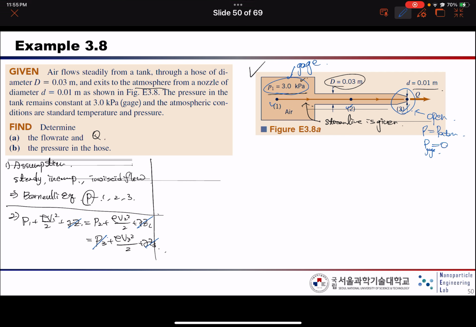And what else? The other information here is that this diameter is not given, right?